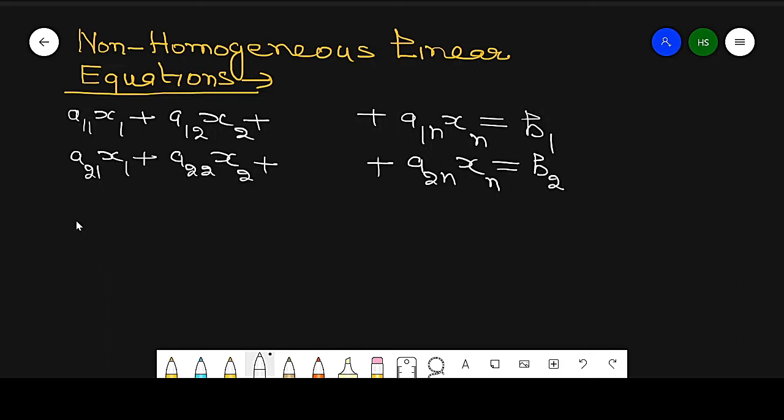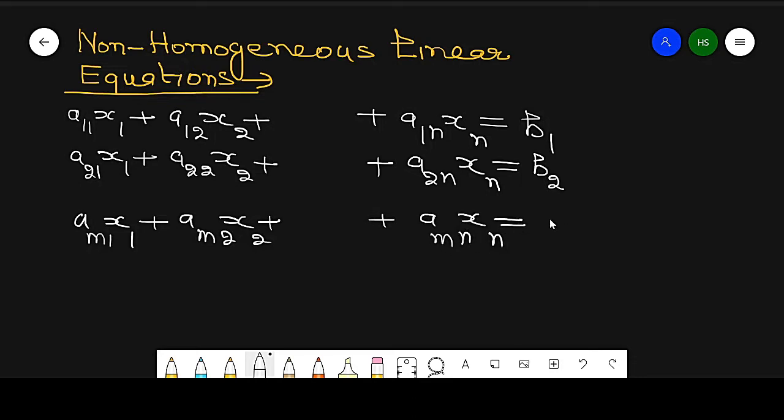Continue the process. am1 x1 plus am2 x2 plus so on, amn xn, which is equal to bm. So this is a system of linear equations.